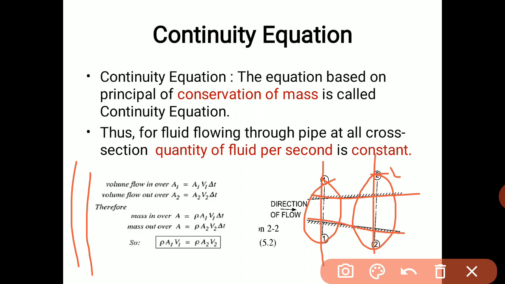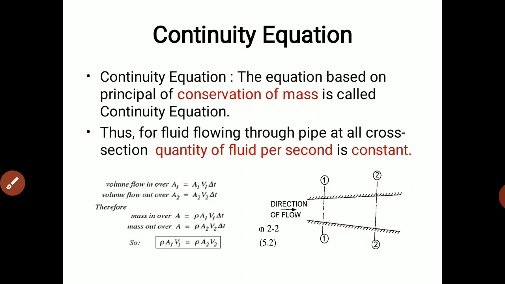To overcome these effects, we have assumed that flow is steady, uniform, incompressible, and one dimensional. So whatever flow is there at the first point will be exactly the same at the second point. That is the statement of the continuity equation.